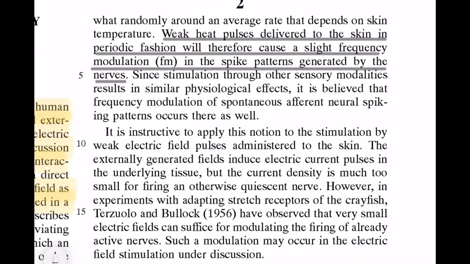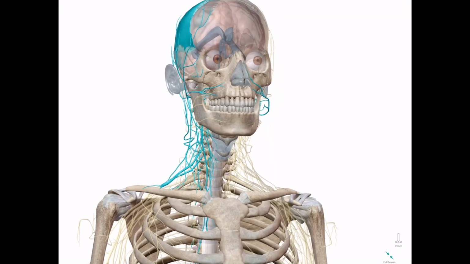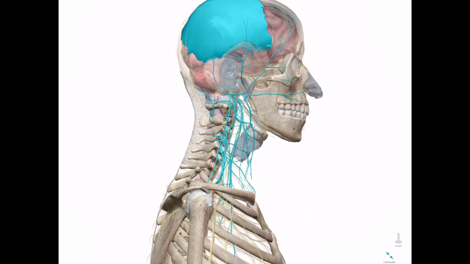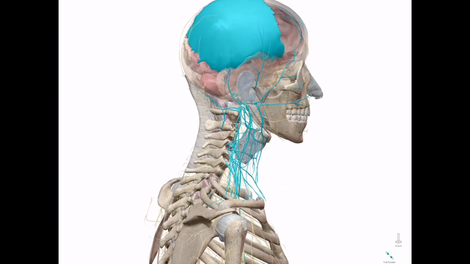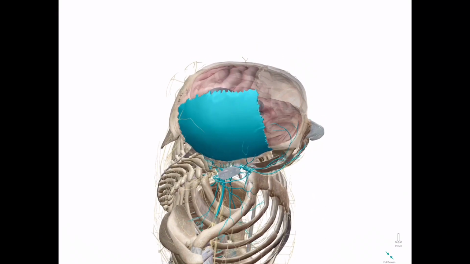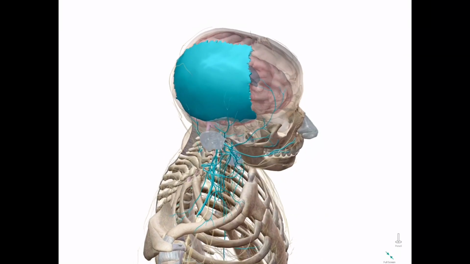I know this is really technical, but I do want to show you a 3D model to show how, if weak heat pulses are applied to the head on the right side, as you can see in this 3D model, there are corresponding nerves on the right side that deliver sensory signals, and those sensory signals can result in physiological effects throughout the body.